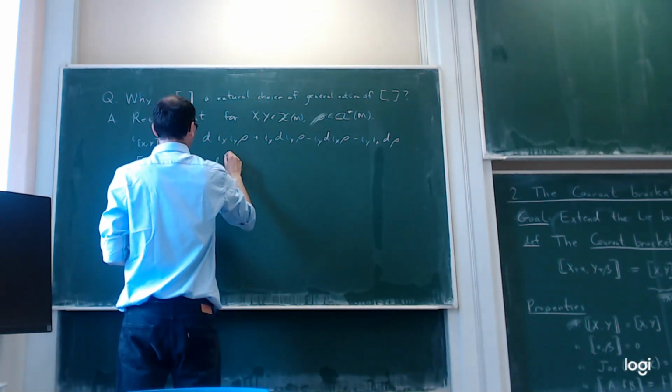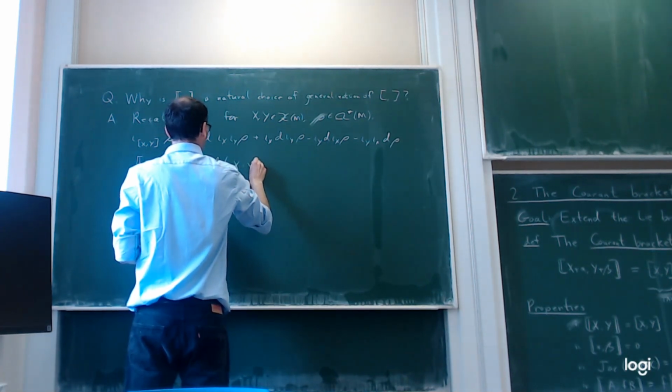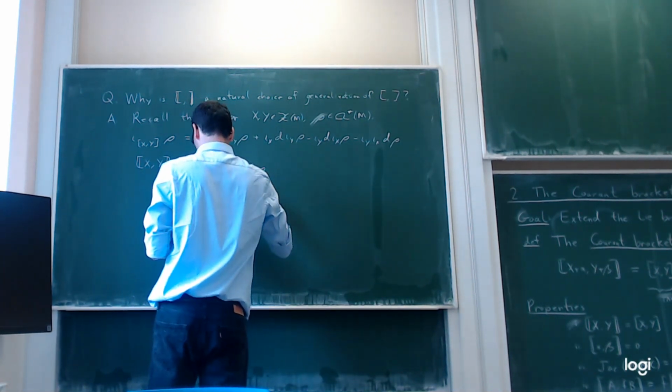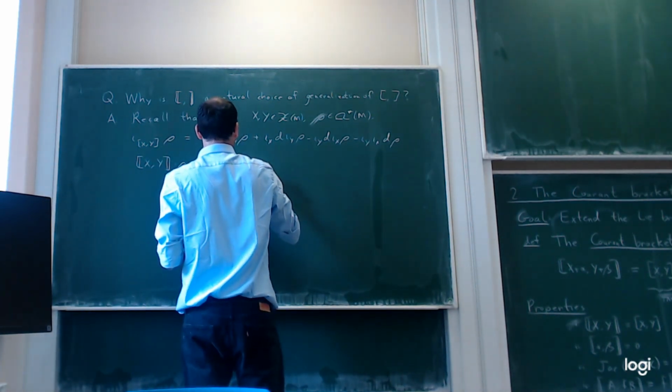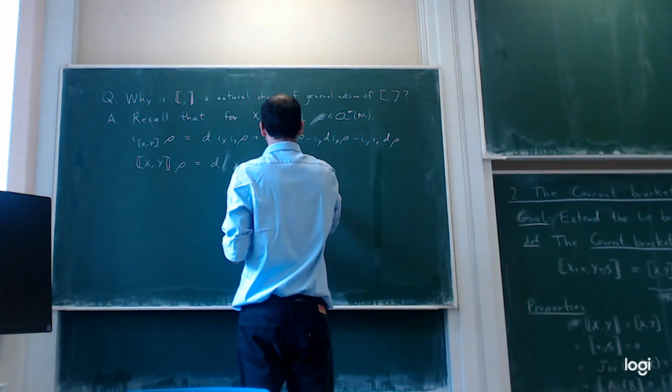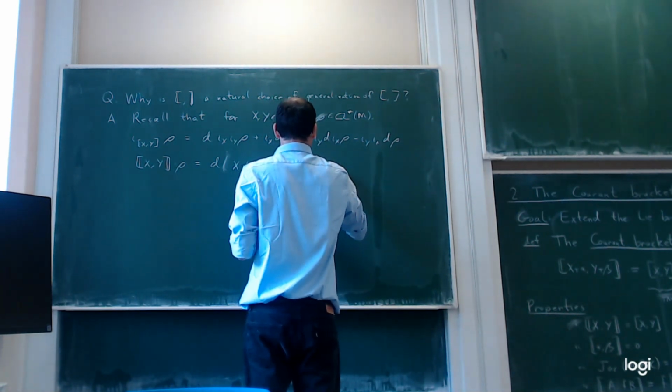So this is d, let's see, X dot Y dot rho, plus X dot dY dot rho.